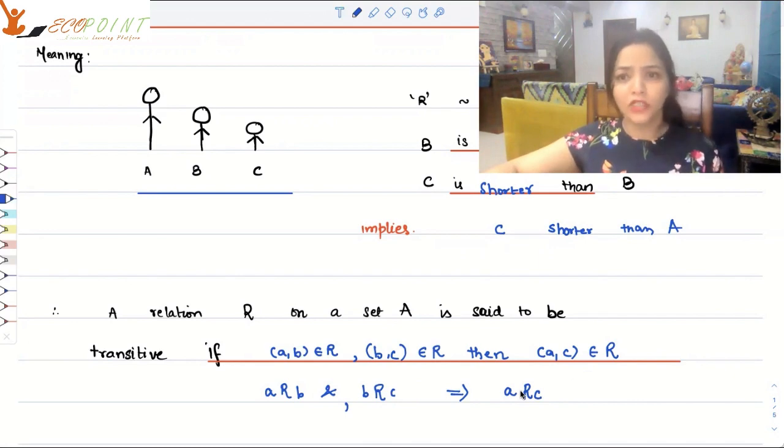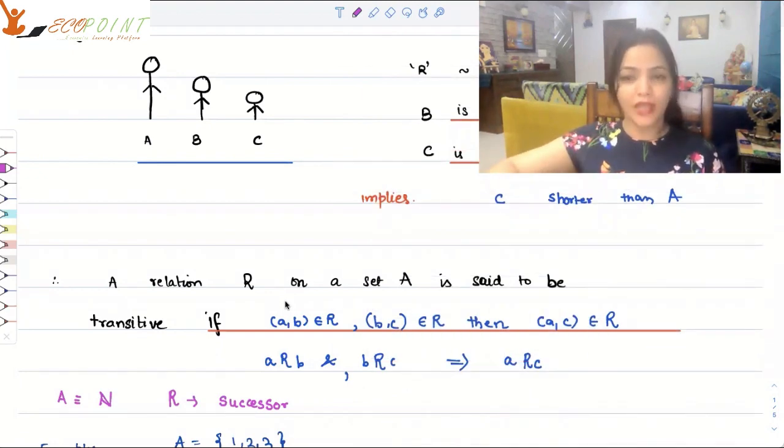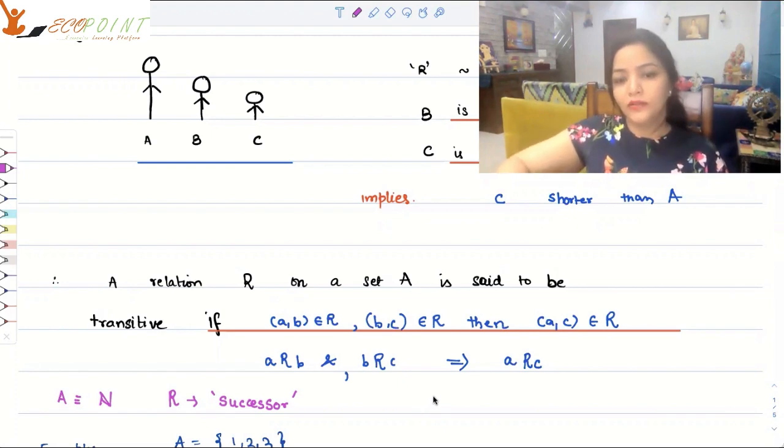Now, some relations could be transitive and some relations might not be transitive. Suppose we take the set of natural numbers as our set A and we define a relation successor. So in terms of natural numbers, is a successor is my relation. Now clearly 3 is a successor of 2 and 2 is a successor of 1.